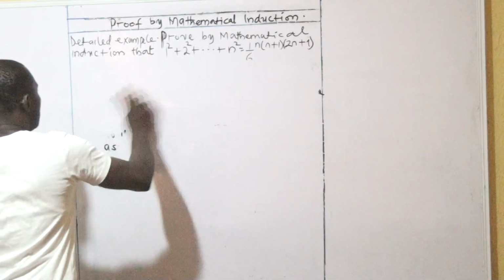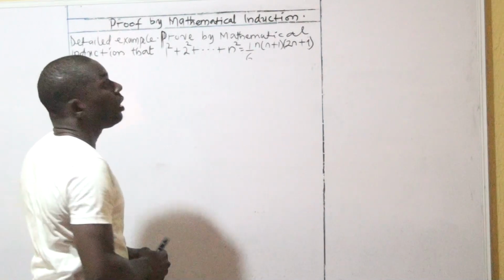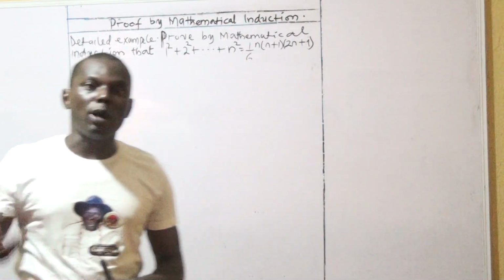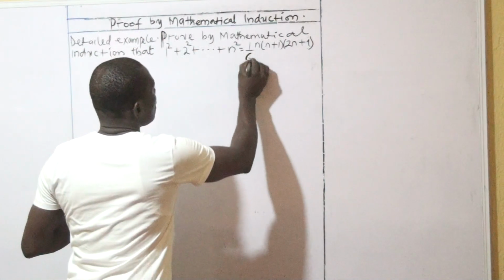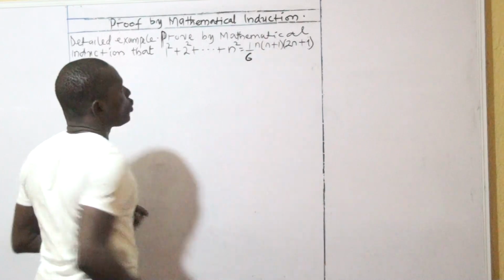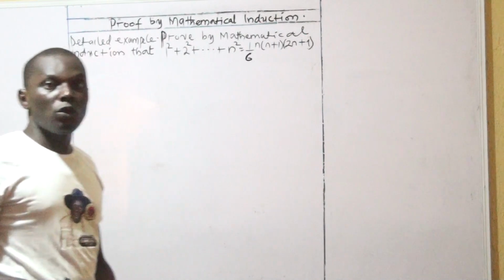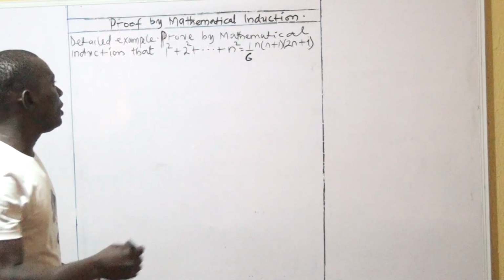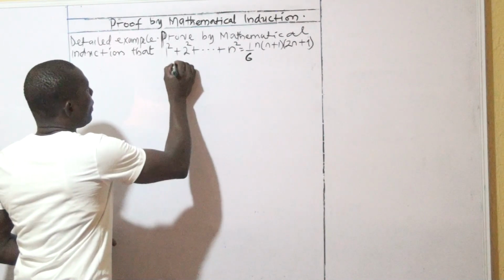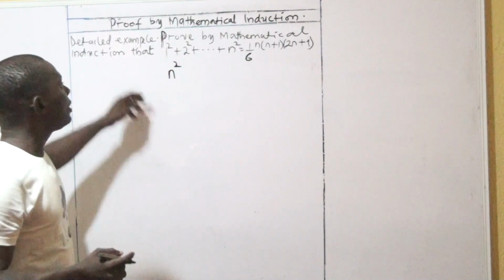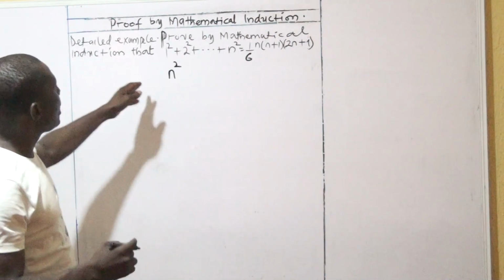So what we are looking at is that the sum of the squares of all natural numbers is equal to 1/6 n(n + 1)(2n + 1). The first thing you have to do, from what I've just explained, is to see that the sequence generating the left hand side is n squared.